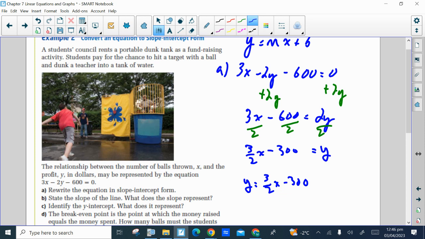Part B says state the slope. What does it represent? So what is the slope here? Kai, what is the slope?